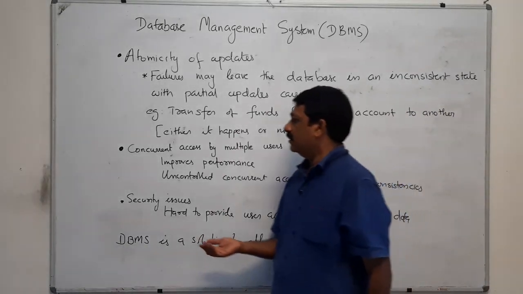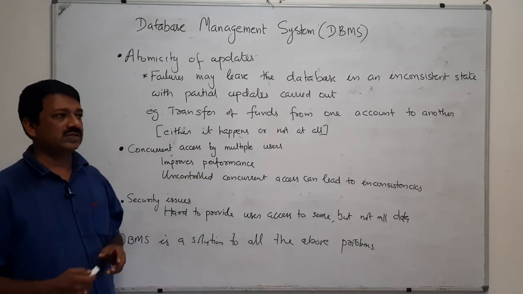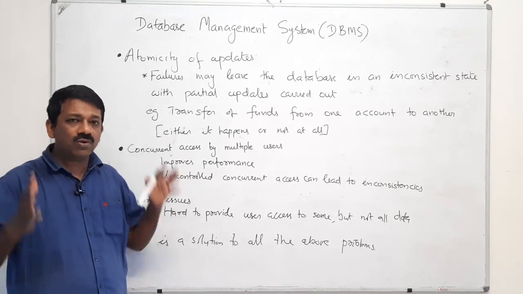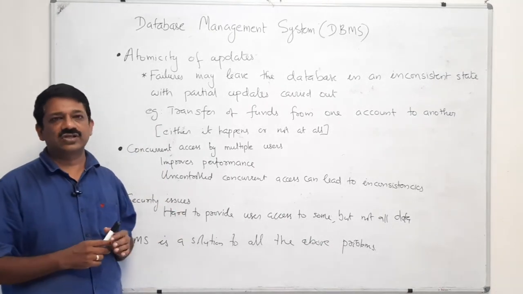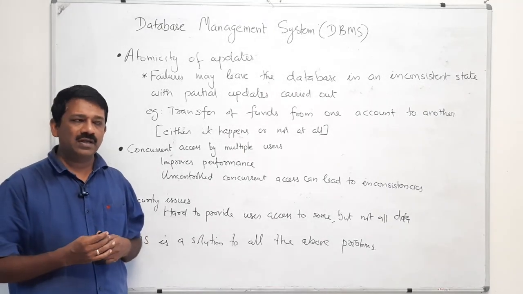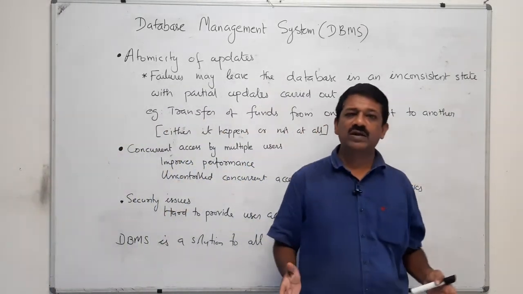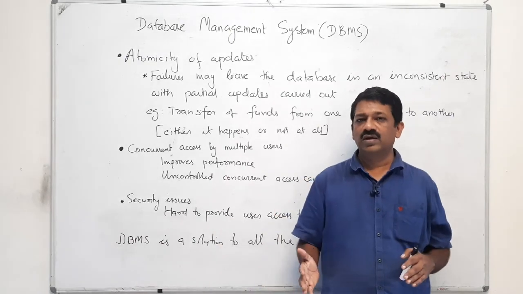Then concurrent access by multiple users. For example, suppose you are browsing the IRCTC website for railway reservation, and one berth is available from Chenganur to Kozhikode.